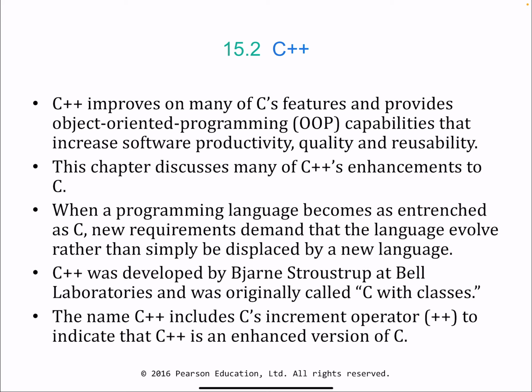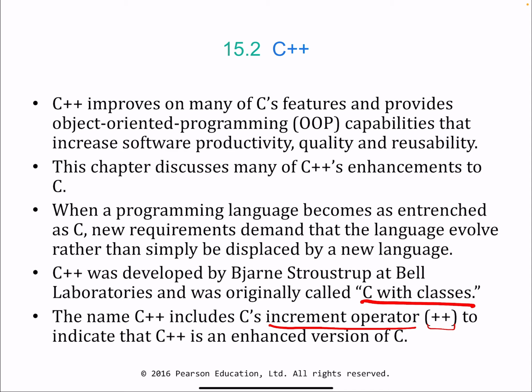C++ can also be thought of as an improved version of C, and that's basically where the name comes from. So C++ is basically C with classes, and the plus is actually representing the increment operator that we've been using.